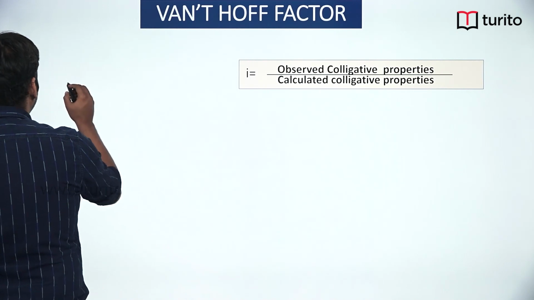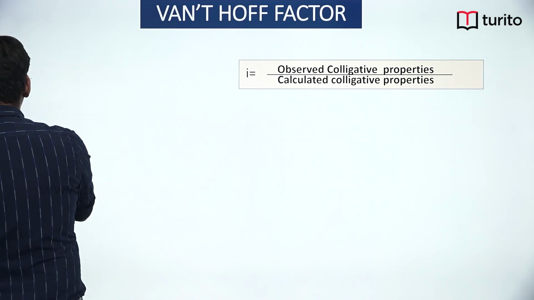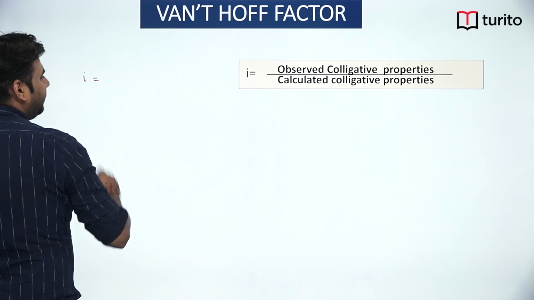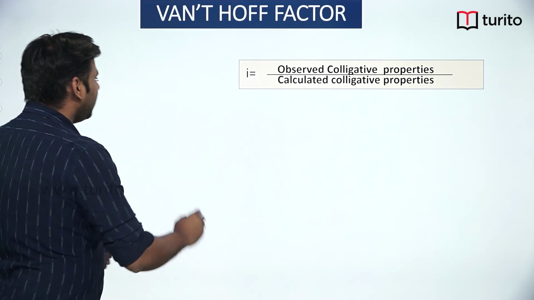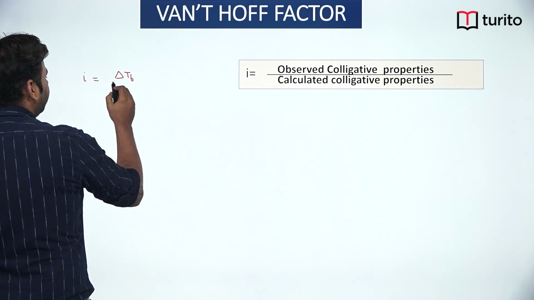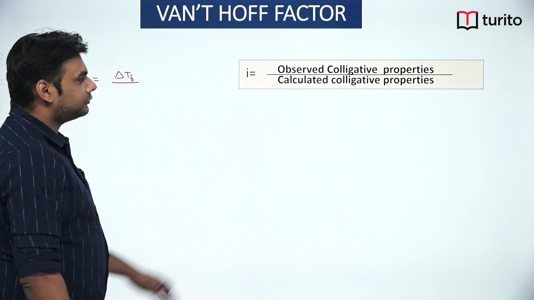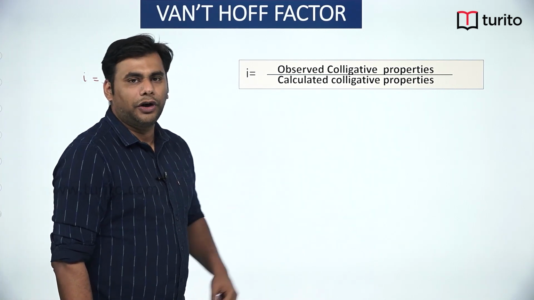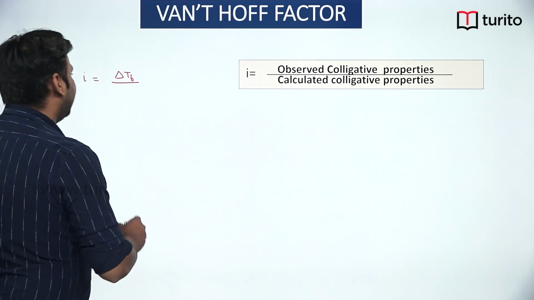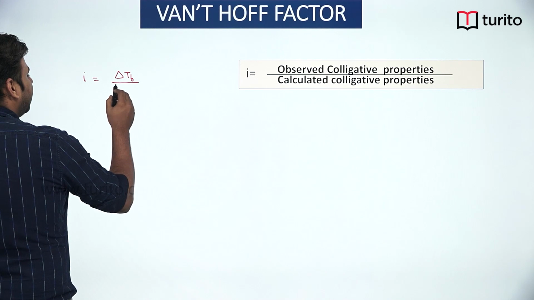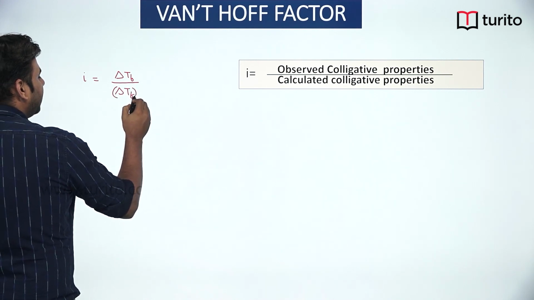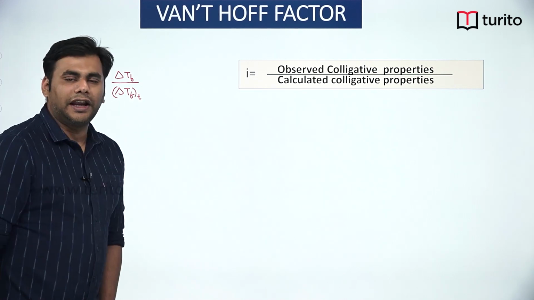Okay, so I can say that i is equal to, suppose delta Tf is the observed depression in freezing point, when we are doing the experimental analysis, and we know that delta Tf theoretical is Kf into m.